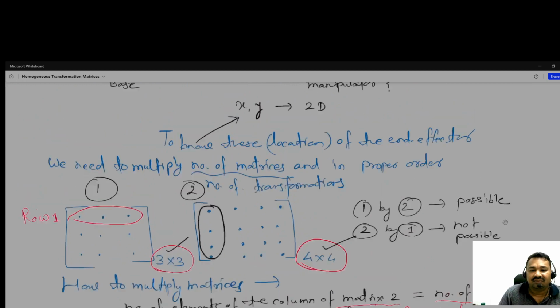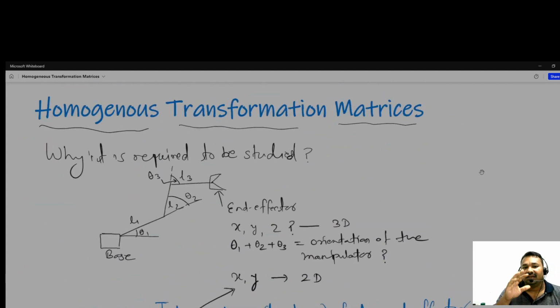So what does homogeneous transformation say? Suppose we want to know about the location of the robot, so for that what do we need to do, we have to assign frames, and in every frame a matrix is formed, either due to translation, due to rotation, or due to a combination.